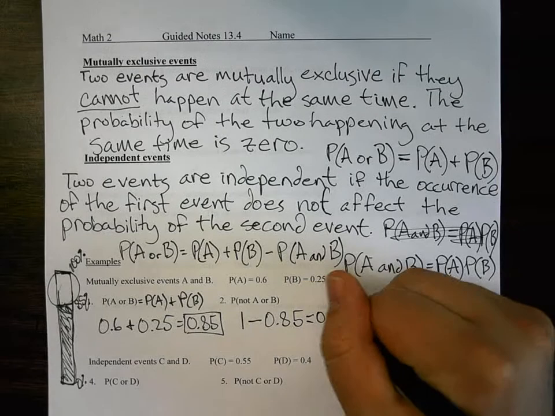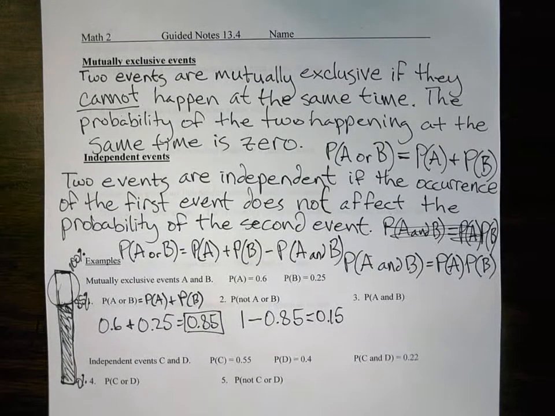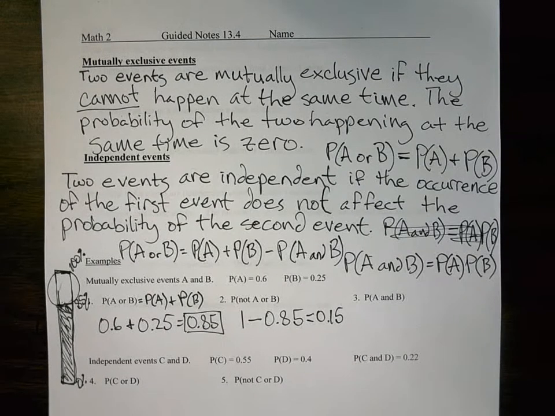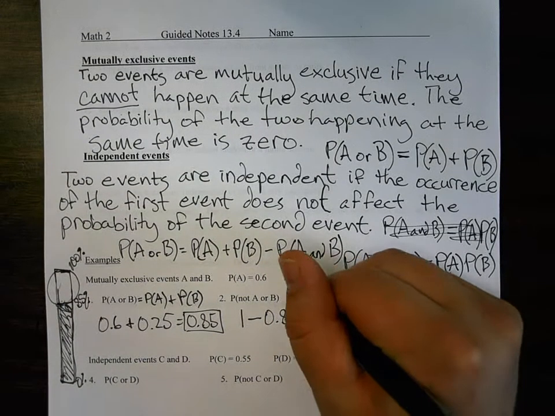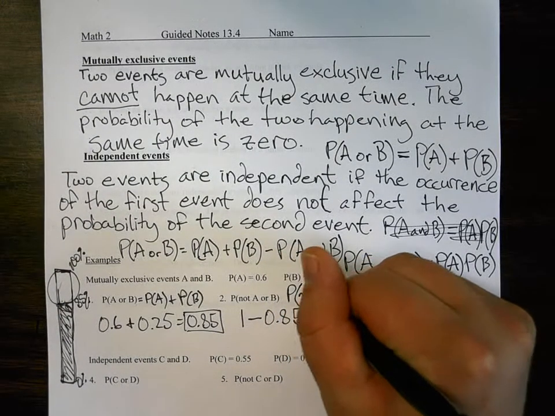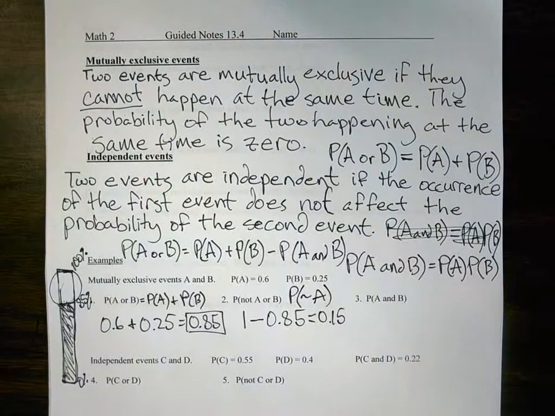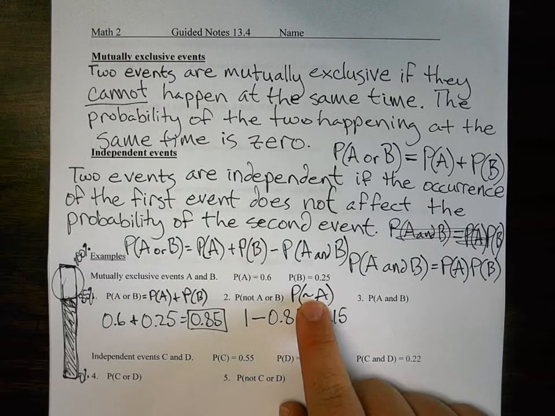However, I should make one note, because on your homework you'll have a different notation for not. If you're nerdy like me, it comes from a type of algebra called Boolean algebra. Basically you'll have something like the probability of this, with a little squiggly line in front of the A right here. This is called a tilde.